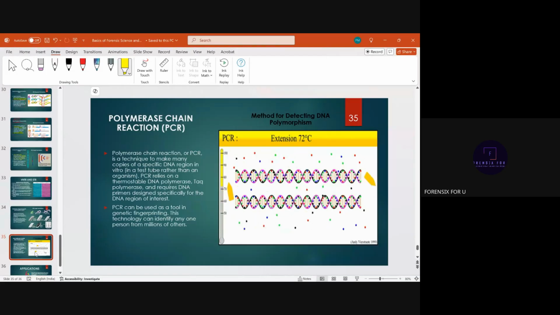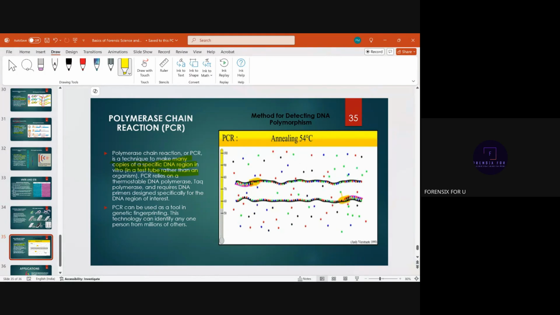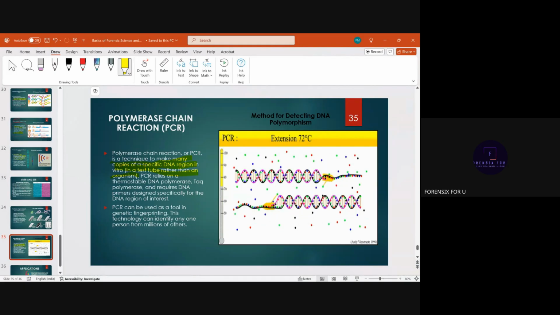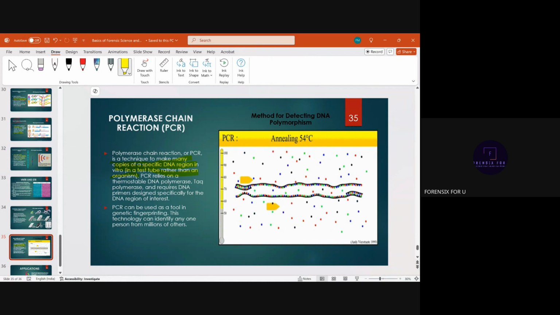So PCR is a technique to make many copies of a specific DNA region in the organism or in the test tube only. You don't need to take the DNA out of the test tube to create it. When you're creating something in the place where it is present, it is known as in vitro.